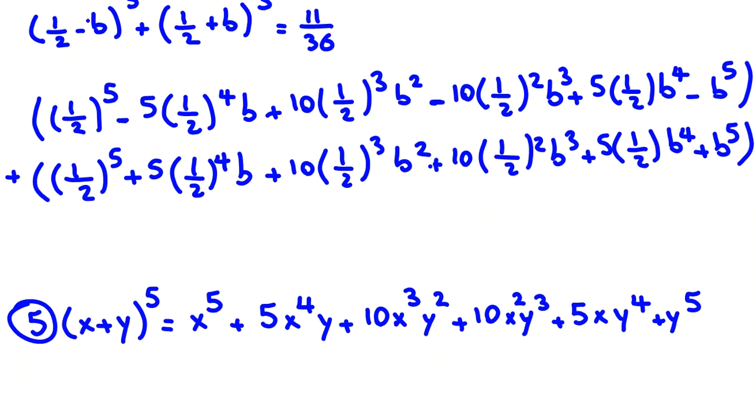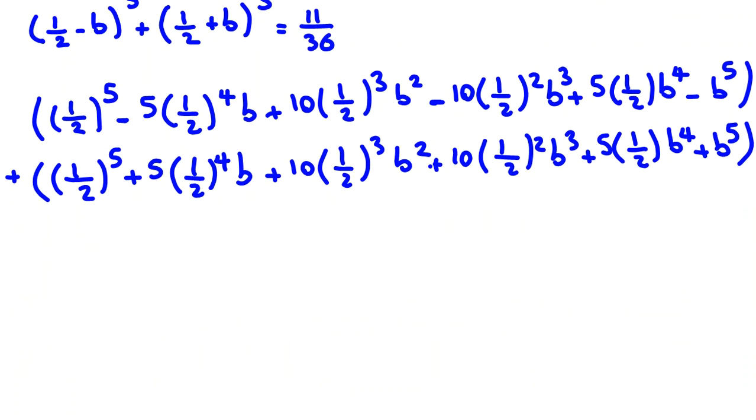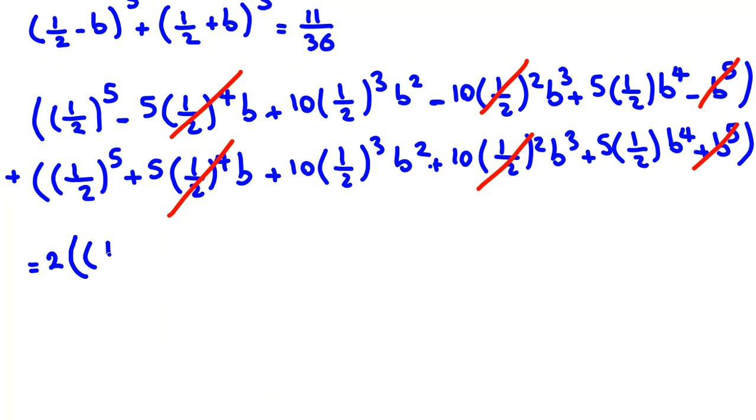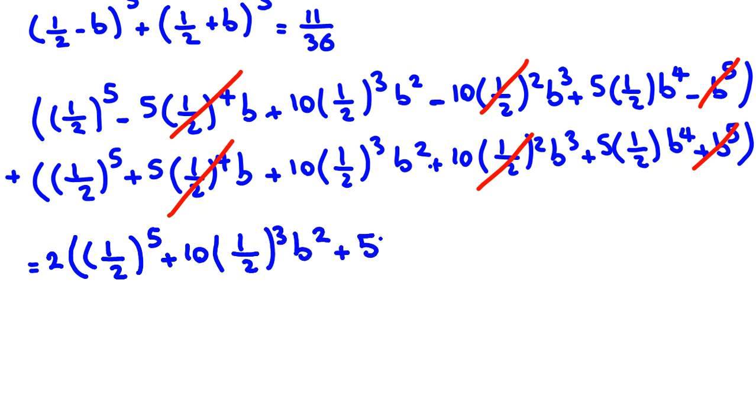So we should see what terms will be cancelled. Let's cancel all the plus-minus pairs. It will be 2 times 1/2 to the 5 plus 10 times 1/2 cubed b squared plus 5 times 1/2 b to the 4 equals what?